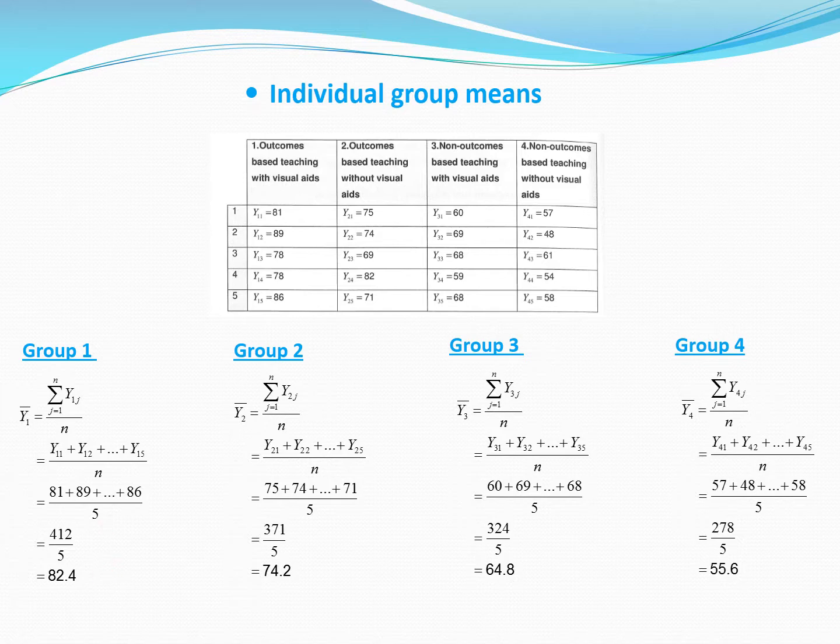So the group mean for group 1 will be 82.4, and you can repeat this then for all the other groups. So for group 2, you will add all the elements in group 2, divide by 5. For group 3, you will add all the elements in group 3 and divide by 5. And for group 4, you will add all the elements in group 4 and you divide by 5 as well.